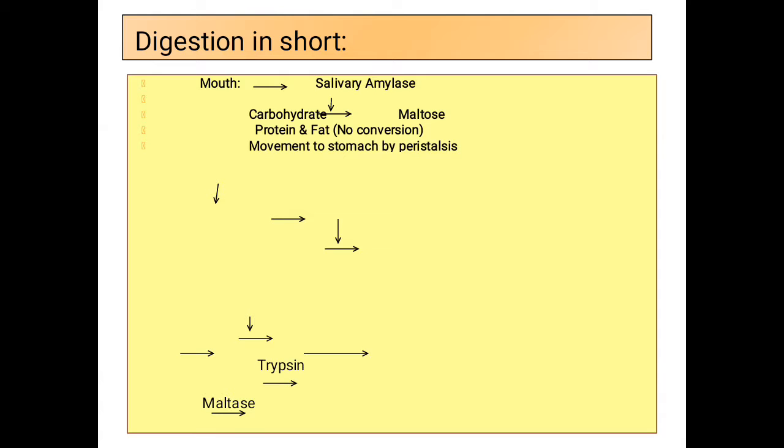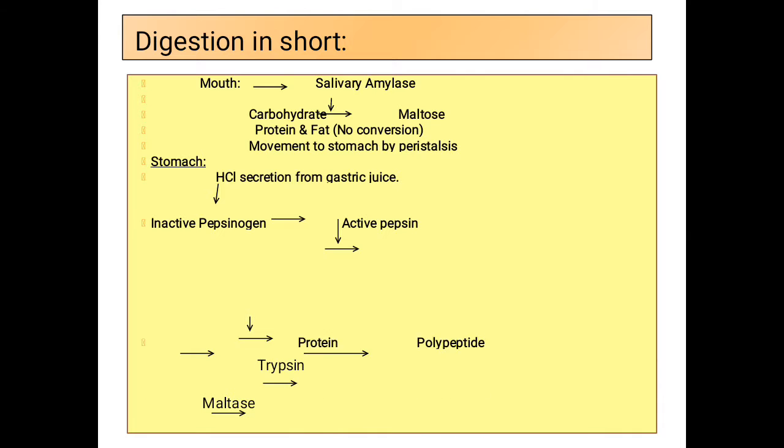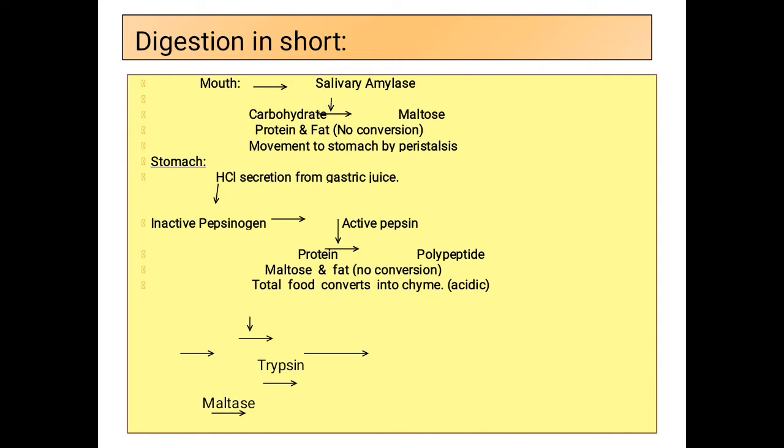Then the food moves towards the stomach by peristalsis, and in the stomach HCl is secreted. This activates the pepsinogen into active pepsin, which converts protein into polypeptide. Again there is no conversion of maltose and fat. Now the total food is converted into acidic chyme.